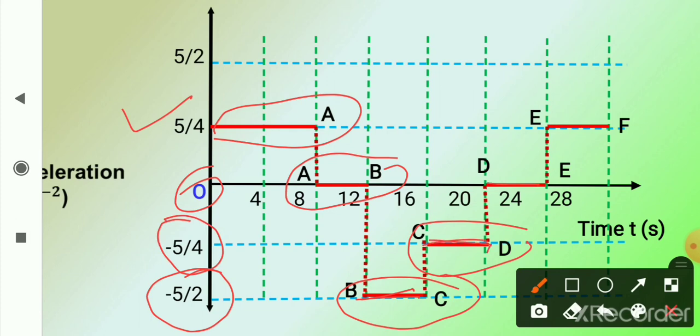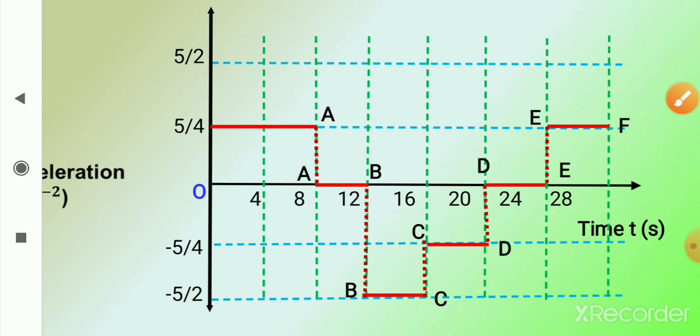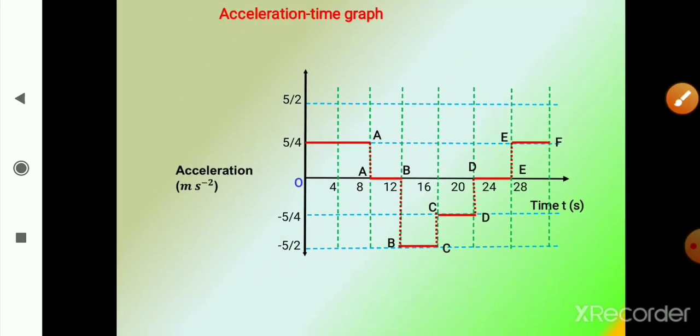For part DE, acceleration was 0. For part EF, the last segment, acceleration was positive and equal to 5/4 meter per second square. So that's how you have done all the calculations, so you can show them on the graph.